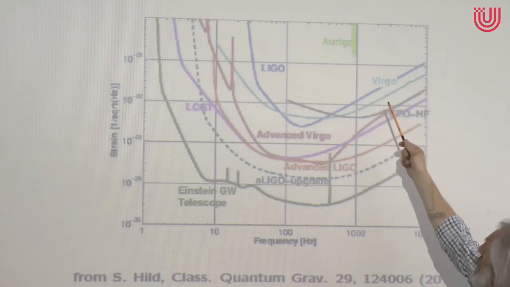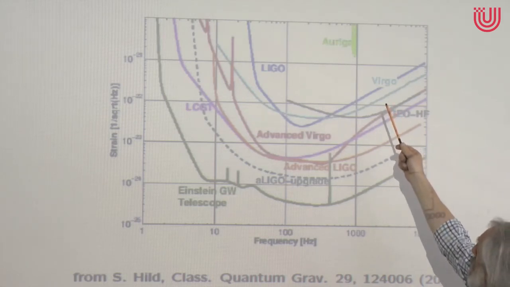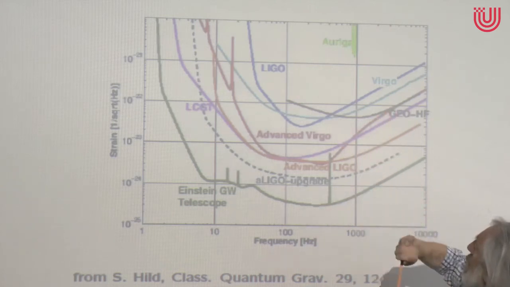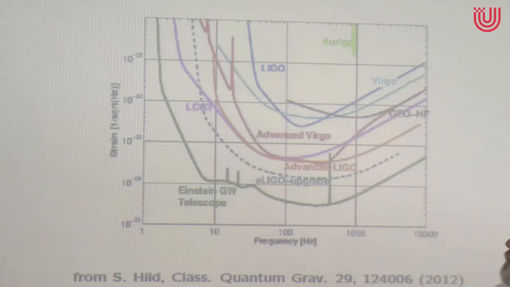So also you see the sensitivity is considerably smaller than that of the other instruments. All the other instruments are interferometric detectors. And from this picture you understand why the interferometric detectors are thought to be much more important for the future than the resonant bar detectors.